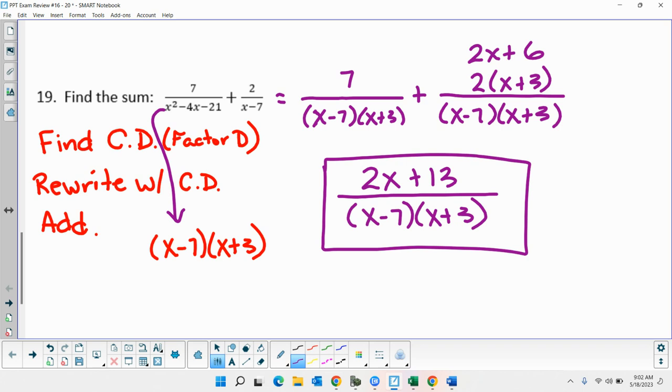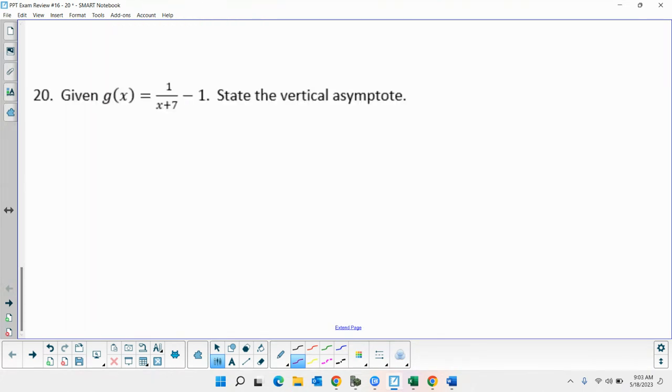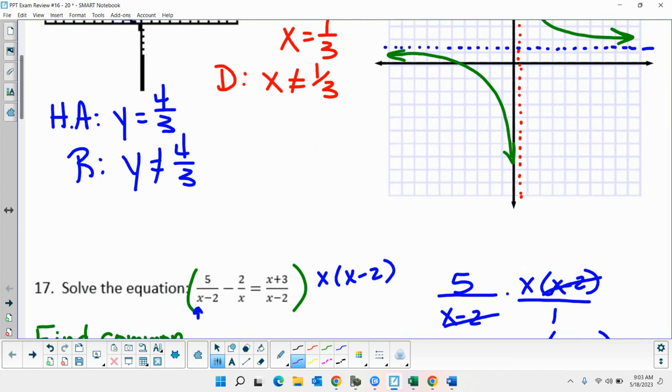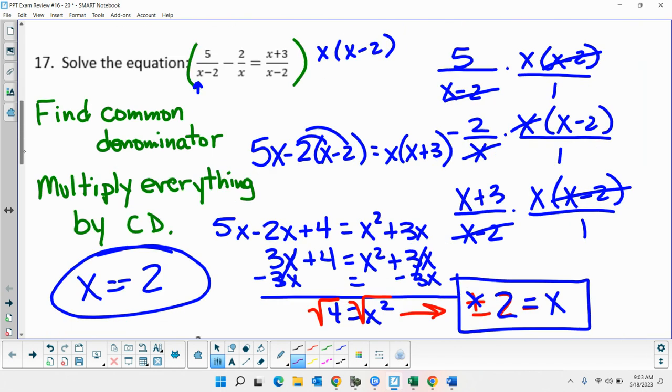Questions? This was probably the hardest stuff in this chapter, this adding and subtracting, because it took us a while. All right, last one for today. All you got to do is tell me the vertical asymptote. How did we find the vertical asymptote on that first one? Where did we look? The denominator, right? So look at the denominator.